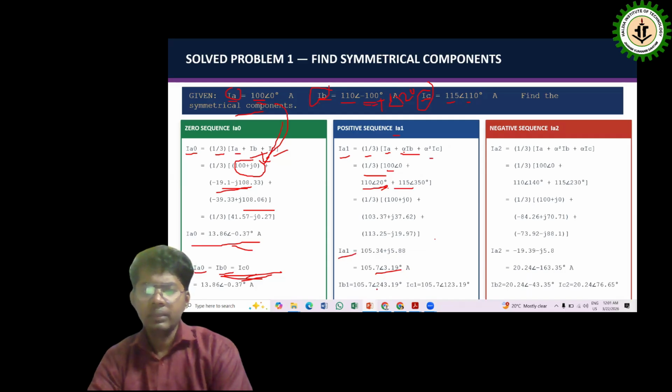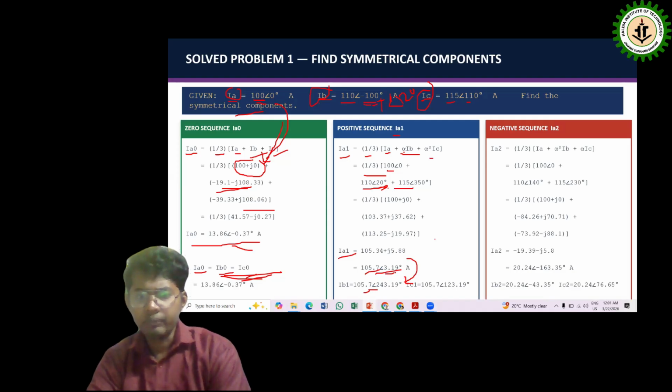Okay, so this is IA1. How will you get IB1? The magnitude part is the same; we just multiply by alpha or alpha square. IB1 equal to alpha square into IA1, so 3.19 degree plus 240 degree, since alpha square means 240 degree.